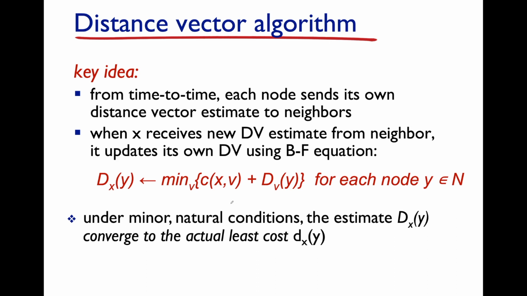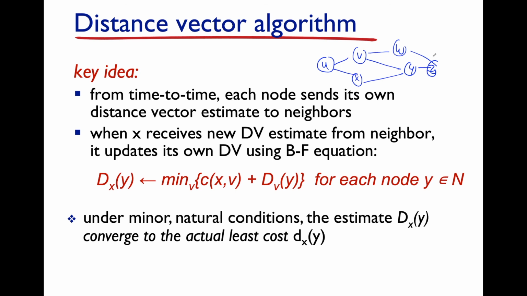So under minor natural conditions, this estimate is going to converge to the actual least cost path. And what ends up happening is this information washes across the network. So if I have u, v, x, w, y, z, for example, and let's say I have them connected through some topology, right?